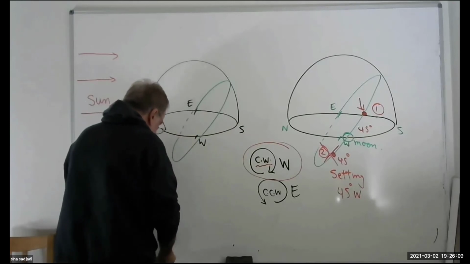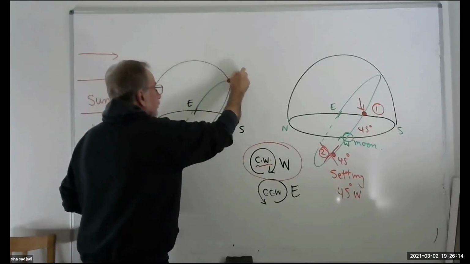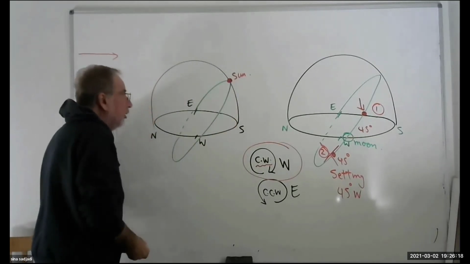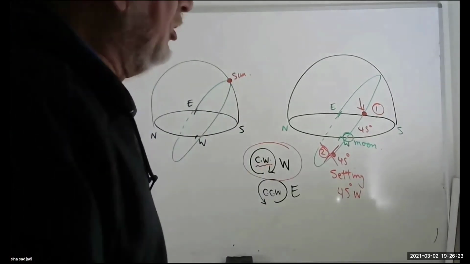Like that. Let's put the sun over here. All right, there's the sun. Now I'm going to keep changing the moon, and you guys tell me the angle and what the phase is.